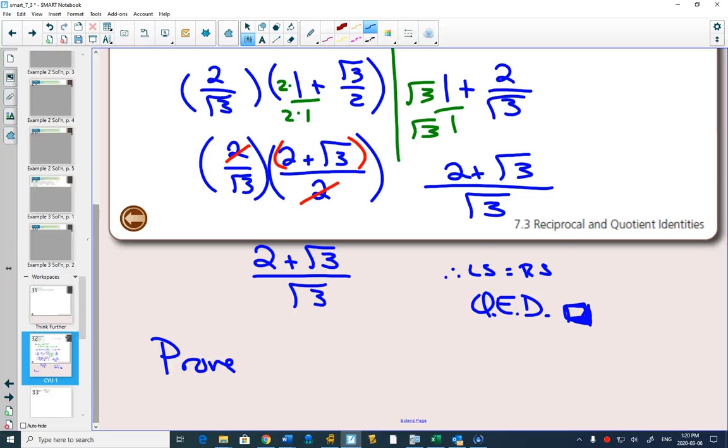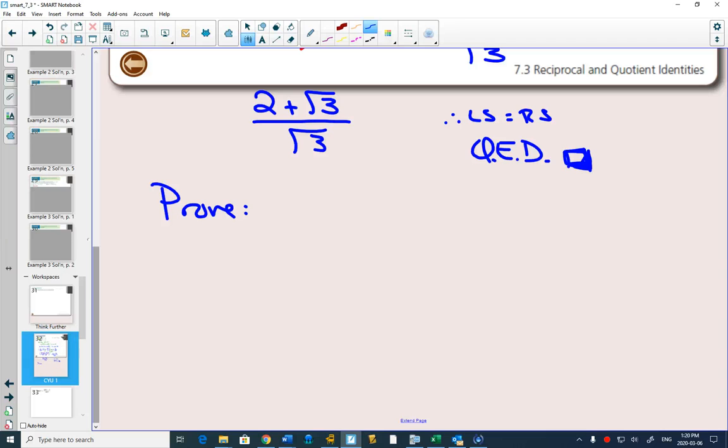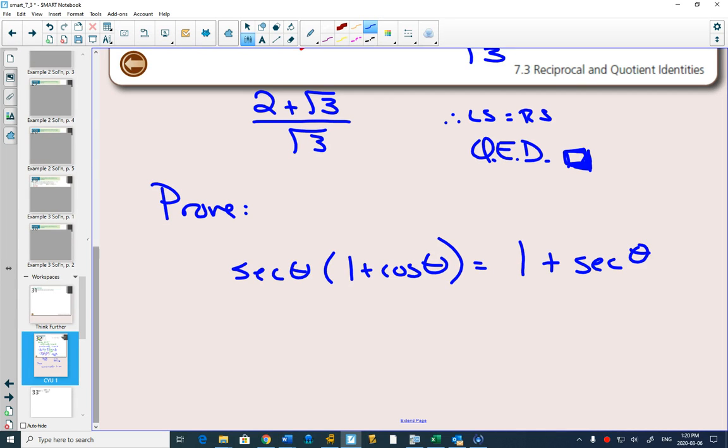So for the proof, if we want to prove it, we would start the same way. Secant theta, 1 plus cos theta equals, I think I know what you want to say. Okay, go ahead. So, if it asked for a verification, but you proved it, wouldn't that prove the verification? Yes, but they want you to plug it in. And yeah, totally.